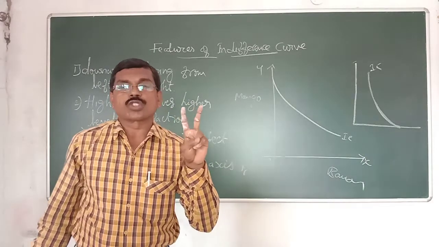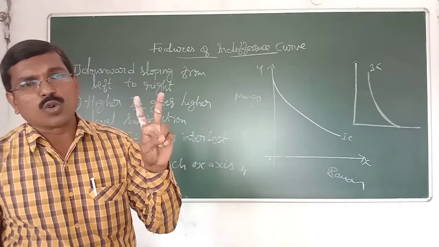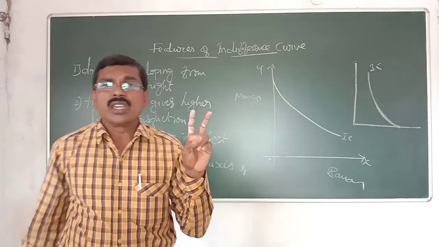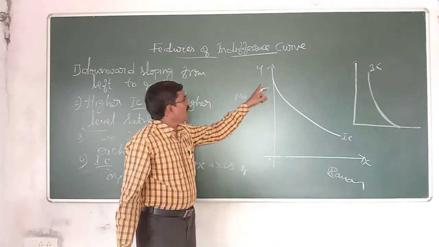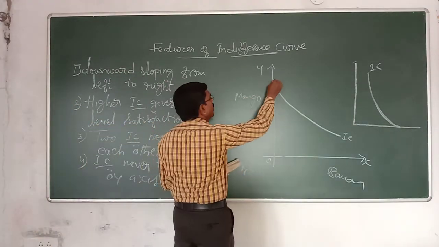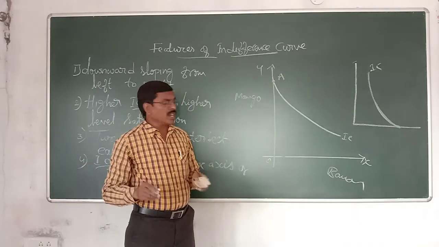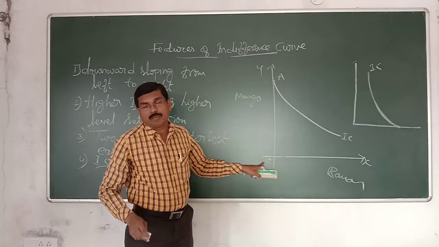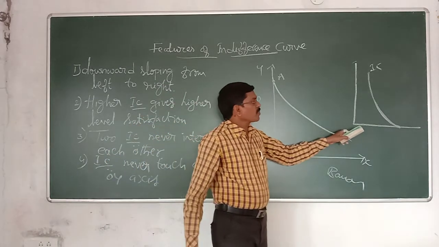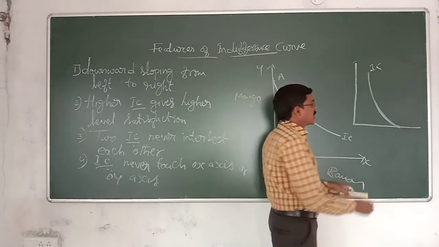We take the two-goods model. If a consumer purchases two goods, mango and banana, then at this point, combination A, a consumer purchases mango only. He purchases zero quantity of banana. In this diagram, the IC curve touches the OX axis.